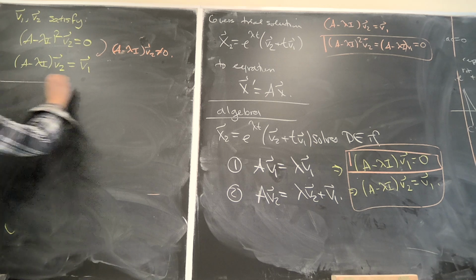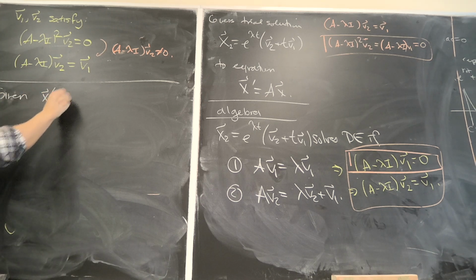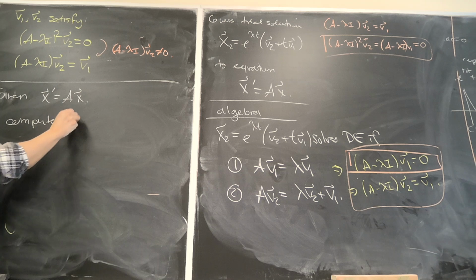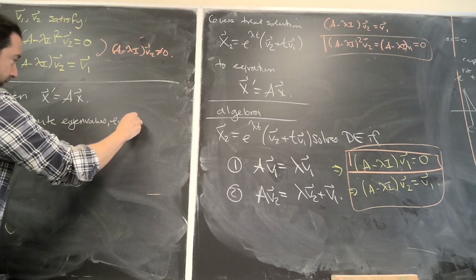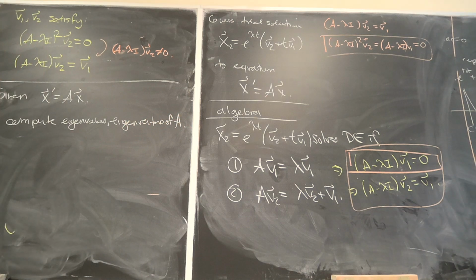So now I'm going to give an algorithm, and then I'm just going to do a whole bunch of examples of using the algorithm, because this looks like abstract nonsense until I show you a concrete algorithm for doing it, I think. So, step 1, given a problem x prime is equal to Ax, compute the eigenvalues and eigenvectors of A. If you're diagonalizable, you just get off the road right there and write down the solution.